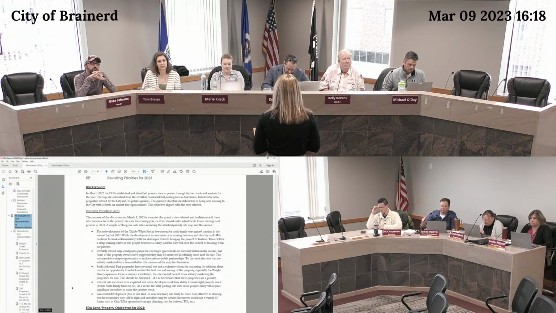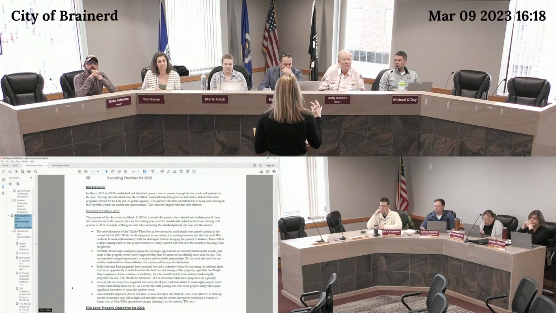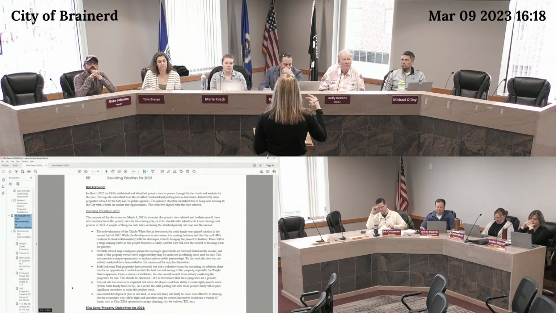A couple things to consider as we go through the discussion today. The first is, if you all recall, in 2022, we really spent a lot of time looking at the underdeveloped or undeveloped parking lots that were in downtown. And that was really one of our priorities in terms of doing fit tests, doing analysis of how many units could fit, what would be the funding gap, et cetera, on those.